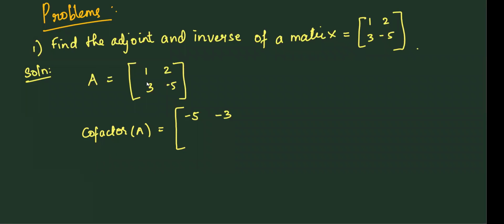Then cofactor of 3 is 2 with a minus sign. And then cofactor of minus 5 is 1, with plus sign.